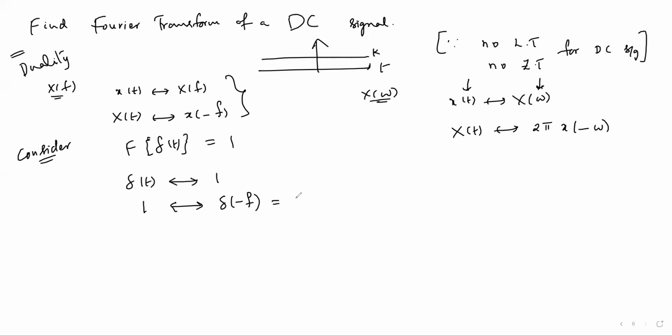We know that the impulse signal is symmetric. It has the symmetry property. So del of minus f is nothing but del of plus f. So what is the Fourier transform of constant 1? In the f domain it is del of f. We can multiply both sides with a constant k from the linearity property. So if the Fourier transform of k is needed, constant k into del of f is the Fourier transform.